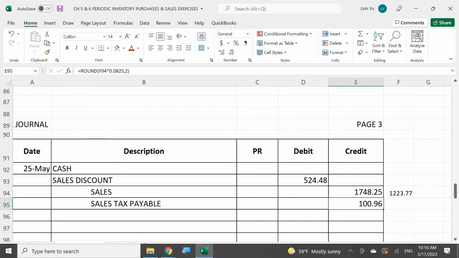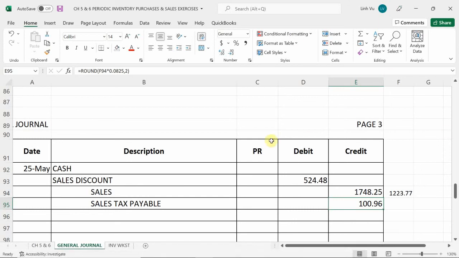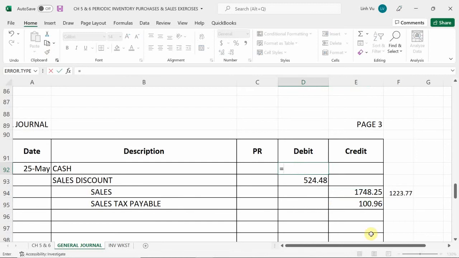So in this case, what is the grand amount of cash that I should be collecting? $196. That's the tax.